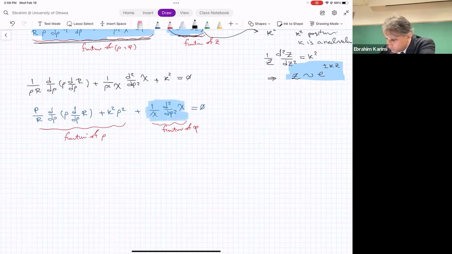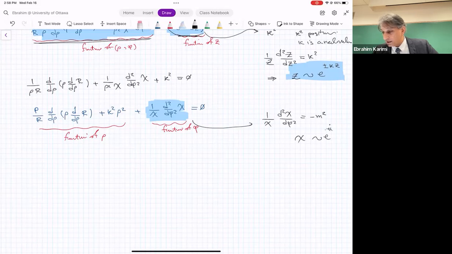So what we will get is 1 divided by chi, d2 chi d phi squared, is equal to minus m squared, where I assume that along phi it will be single valued. What will be the result for chi? Chi will be given by e to the power of i plus or minus m phi.